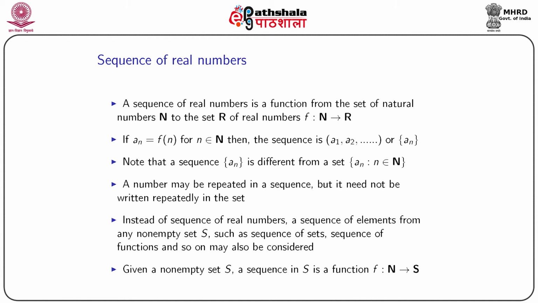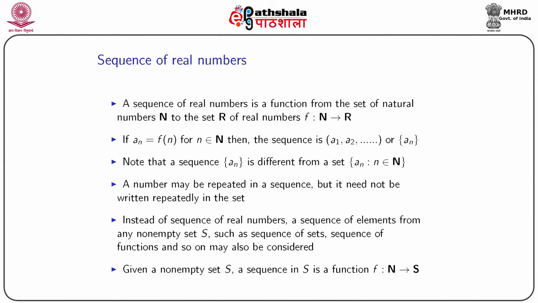So we define f as a function from N to R. Now if a_n is equal to f(n) for all n belonging to the set of natural numbers, then the sequence is a1, a2, a3, and so on, or we write it in this way, in brackets {a_n}. So this denotes a sequence.